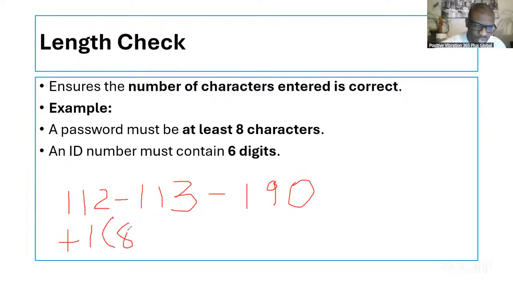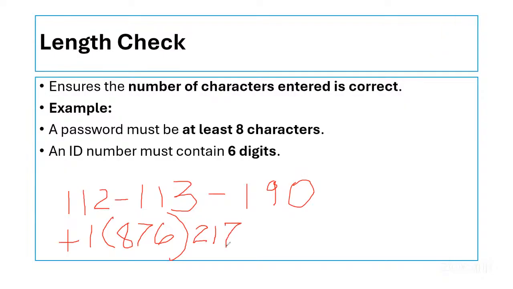Then you have 8, 7, 6, 2. Look at me guessing Jade's phone number.